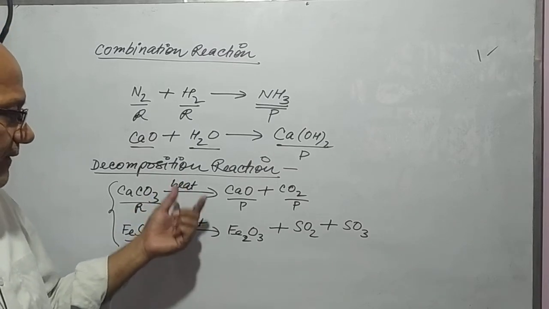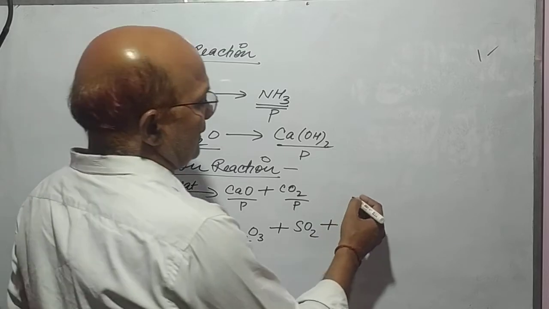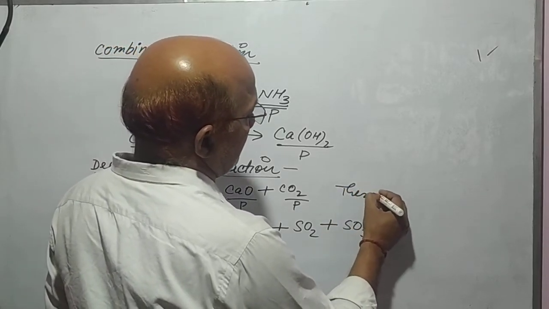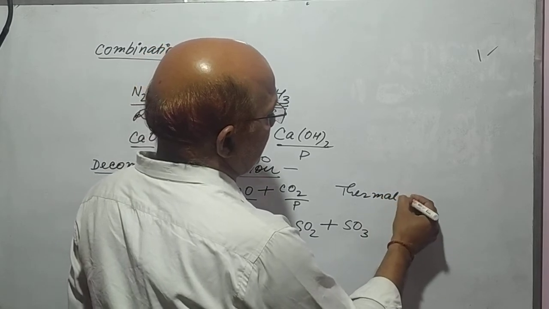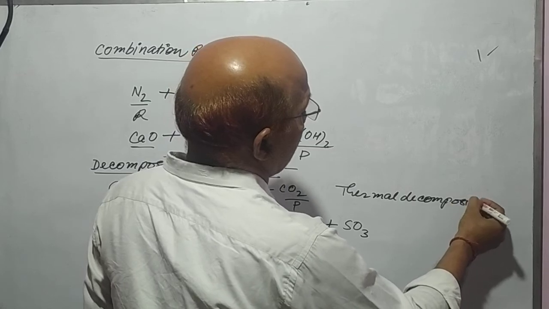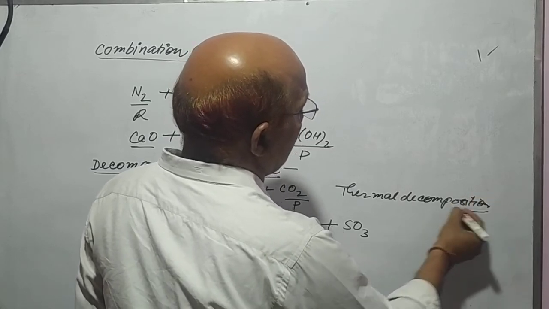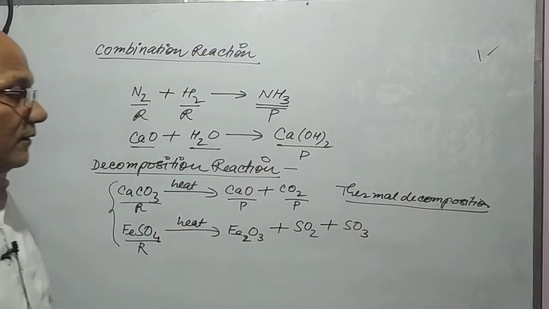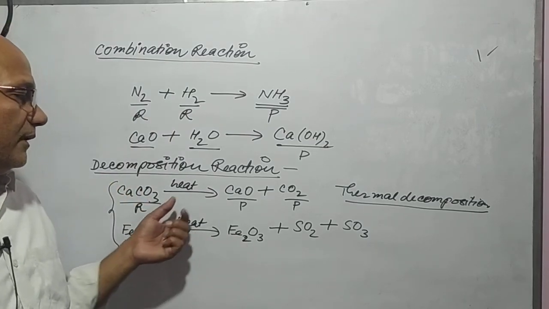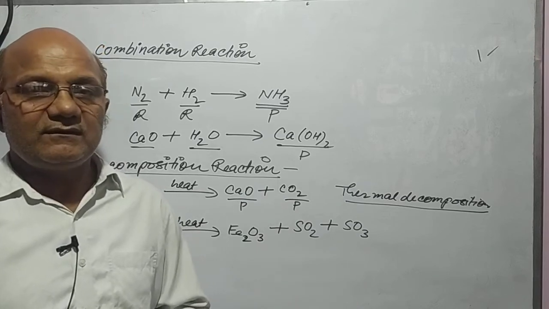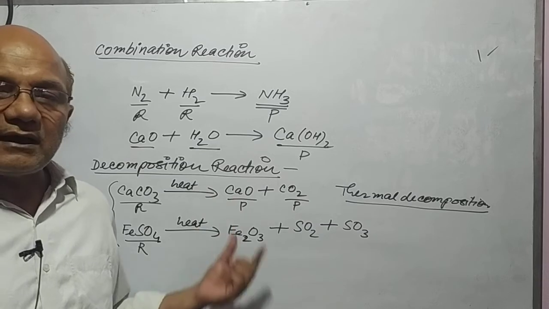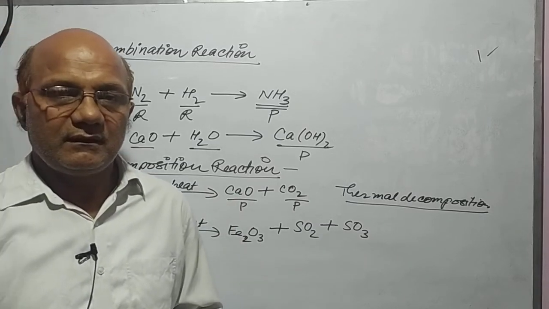So, we can say these types of reactions are thermal decompositions. Okay, because when the substance is heated, it breaks into two or more substances. So, this type of reaction is actually thermal decomposition.